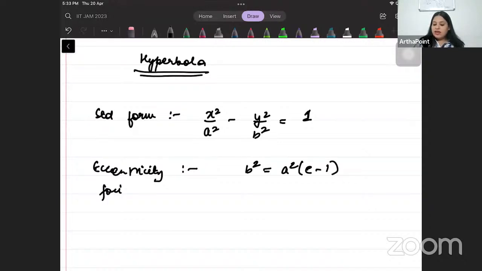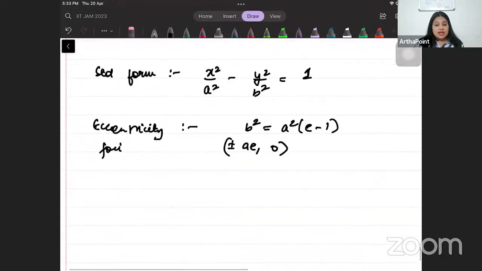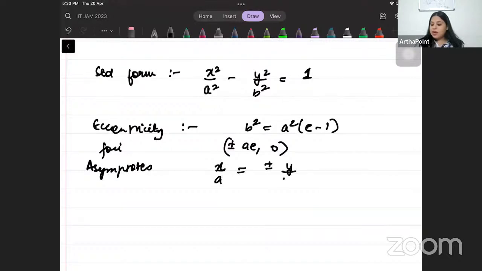The foci is plus minus ae, comma 0. Beta, this seems like a lot, but sometimes it comes in the exam. DSC would randomly give all of this straight from class 10th and 11th. So the formulas are important, okay? And the hyperbola also has asymptotes. The asymptotes are x by a is equal to plus minus y by b, right?